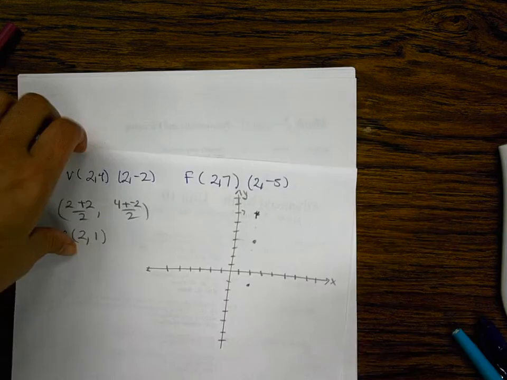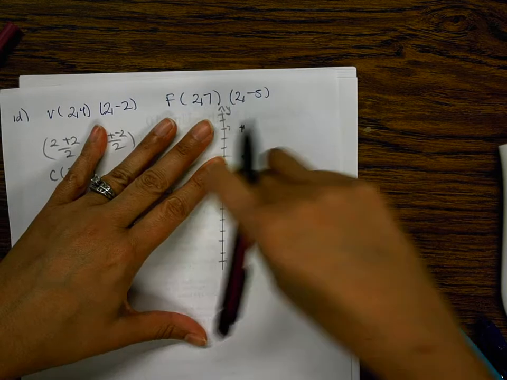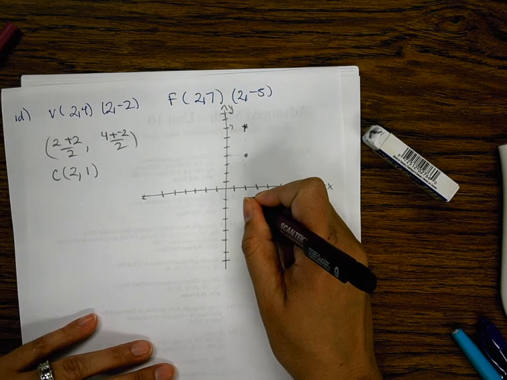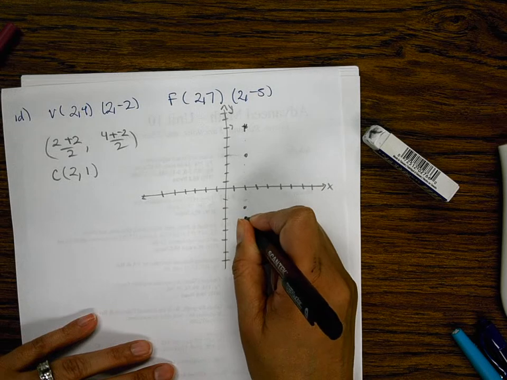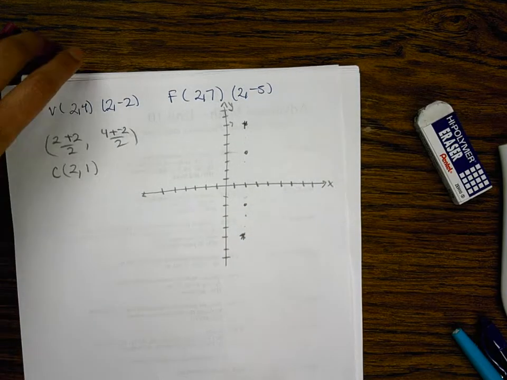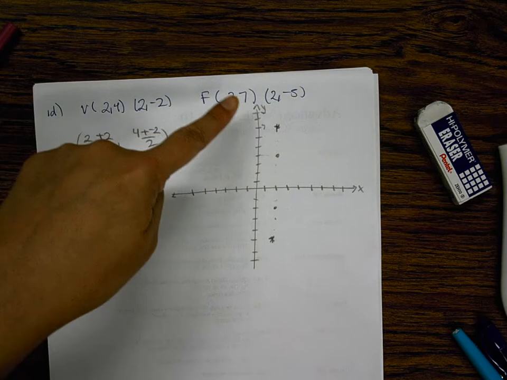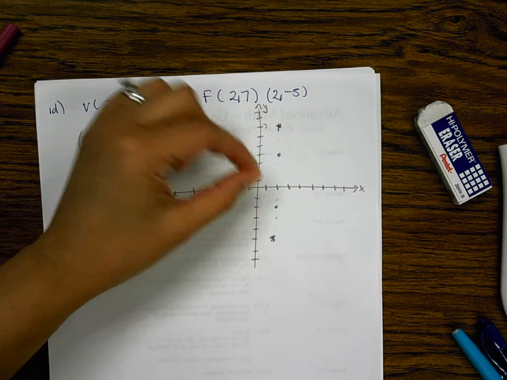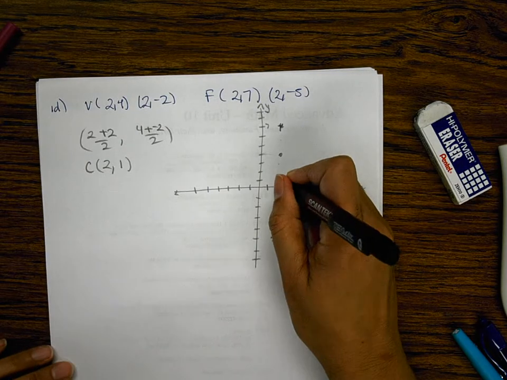You could also use the midpoint formula on those if you did it on the stars instead of the dots. If you did your midpoint there, you're still going to end up with 2, 1 as your center.